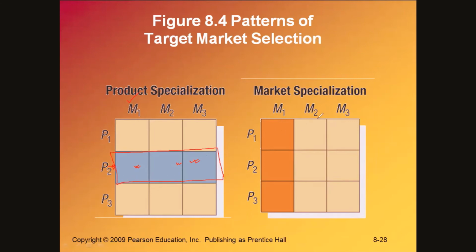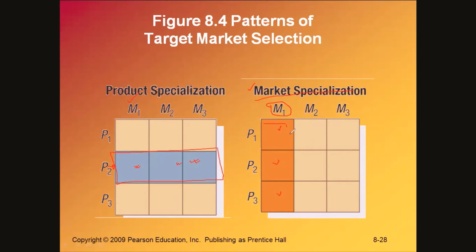We have another type of targeting strategy here. This is called market specialization. Here a particular market is targeted: segment M1 is targeted with P1, P2 and P3.